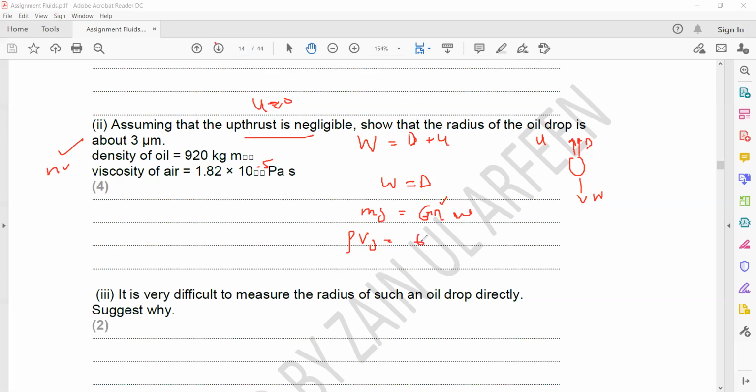So first we work out 6 pi eta r v. The volume will be equal to 6 pi eta r v divided by density times gravity. After knowing the volume, since volume is equal to 4/3 pi r cubed, you can find the radius.